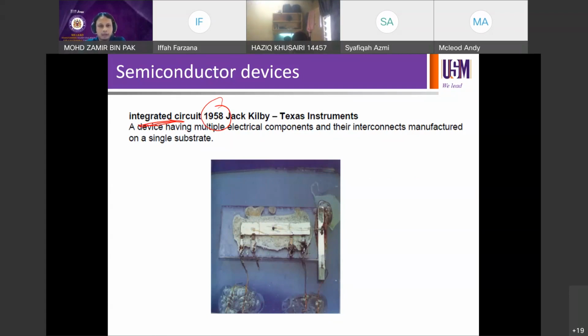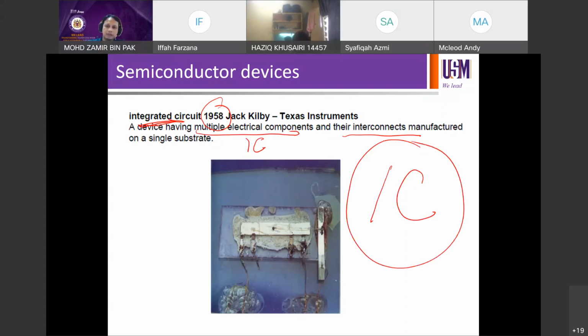In 1958, it was realized by Jack Kilby from Texas Instruments, a device having multiple electrical components. So that's the key: IC means multiple electrical components and their interconnects on a single substrate.